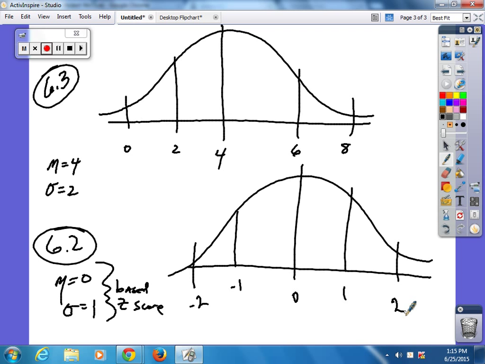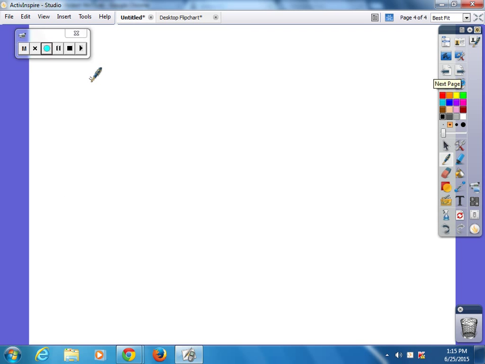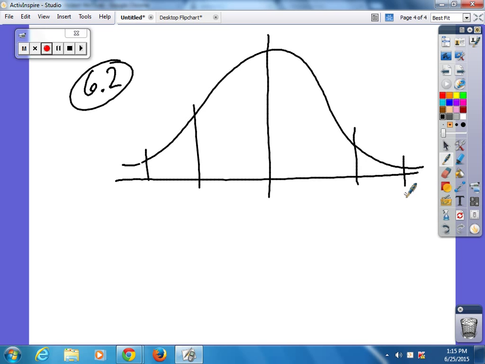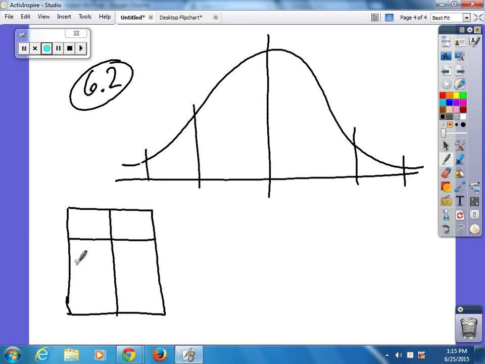Make sure that when you are not doing a uniform distribution in 6.2, you get a blank sheet of paper and divide it into 6 or 8. I tell students 6. Then draw a curve in each one of these and label it 0, 1, 2, -1, -2. Do that 6 times, and then what?